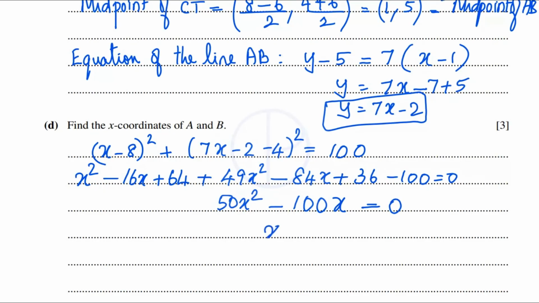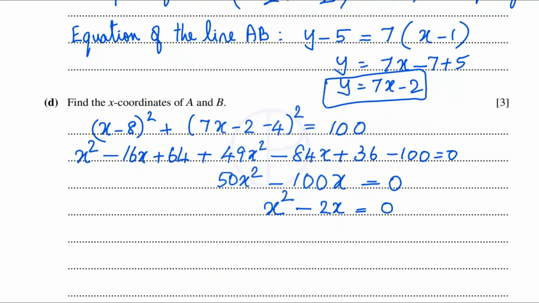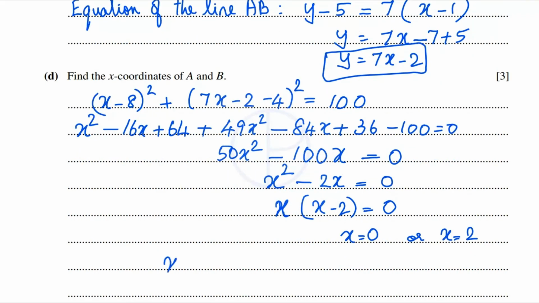Divide the equation by 50. So we get x squared minus 2x equal to 0. Let's take x common: x(x minus 2) equal to 0. So x equal to 0 or x equal to 2. So the x coordinates of A and B are 0 and 2.